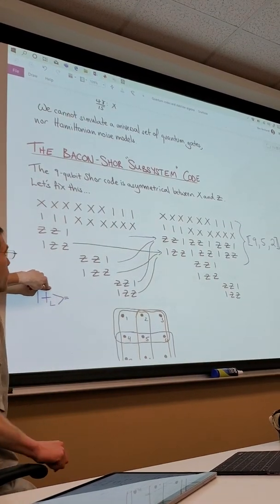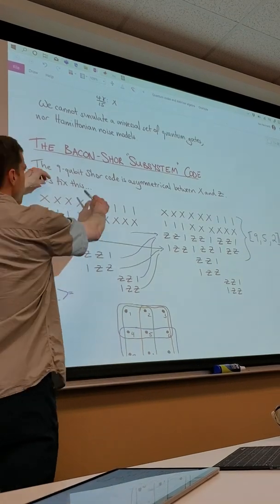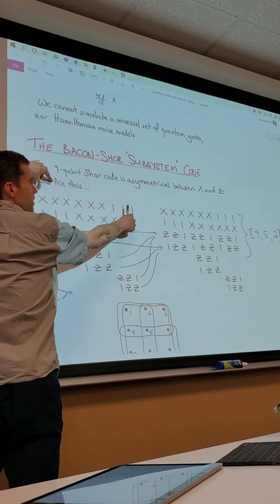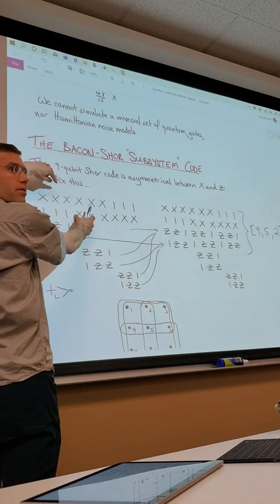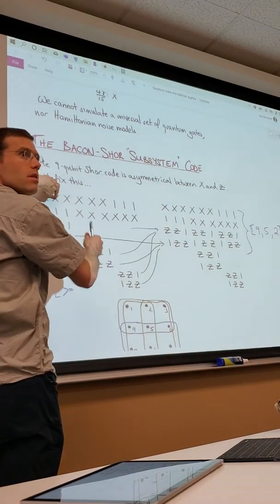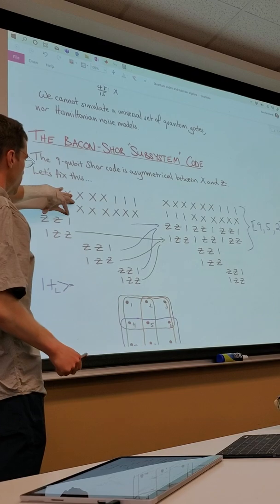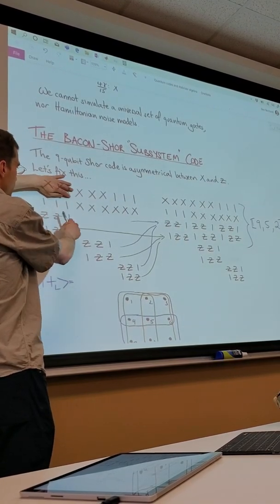Logical x is x transversal, x on all 9. But if you have x on all 9, multiplying by this guy gives you just x on the last 3, or x on the first 3, or x on the middle 3, multiplying by both of these. And so in other words, logical plus breaks into 3 copies of the stabilizer XXX, CZI, ICZ.